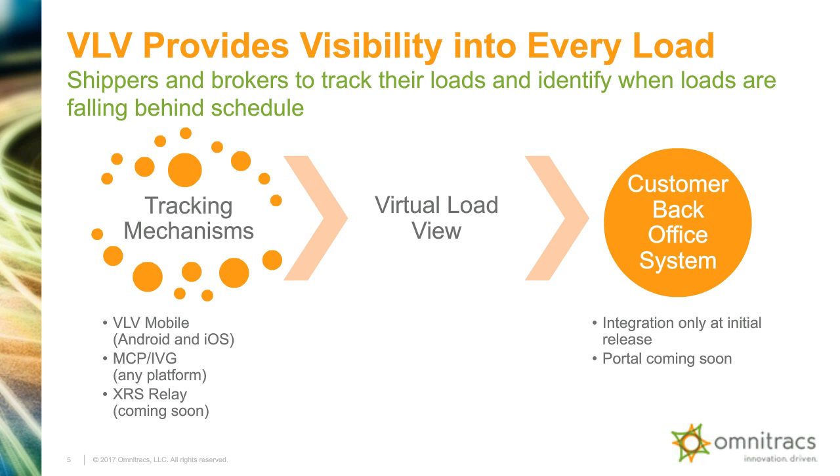This data is already being collected, and Virtual Load View just needs to listen for this data. We will also start expanding our services to another Omnitracs platform called the XRS Relay within the coming months.